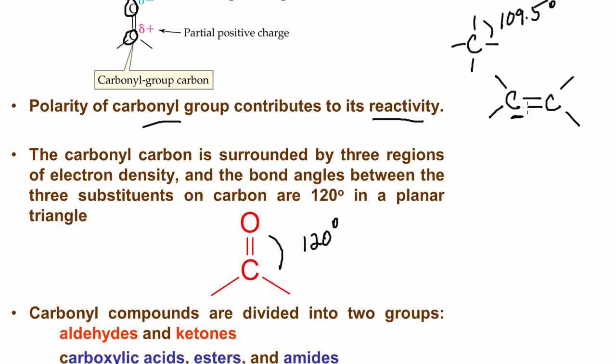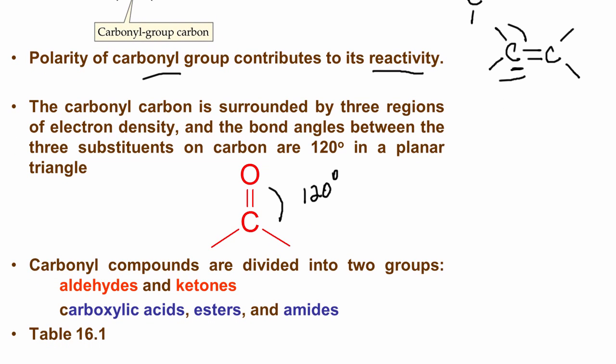It's bonded to three groups, and again, what we have is a trigonal planar geometry about that carbon, and these bond angles are also about 120 degrees. So just like with the alkenes, this carbonyl group has bond angles of 120 degrees, and the carbon is trigonal planar.